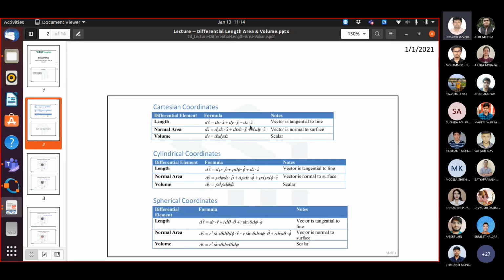Okay, so this differential length in Cartesian coordinates can be converted into the differential length in the cylindrical coordinate by using the coordinate transformation method. So how? Before that, let's write this equation in a vector form, or basically with a matrix vector.